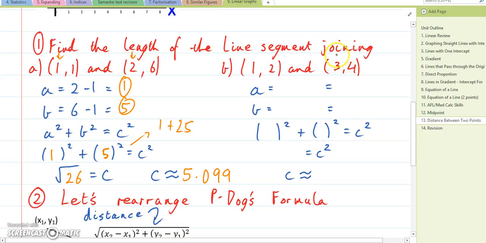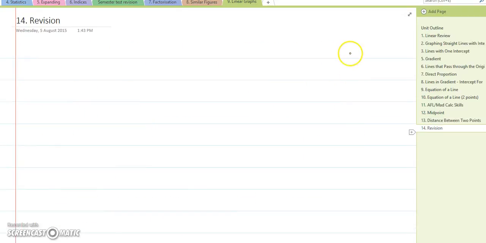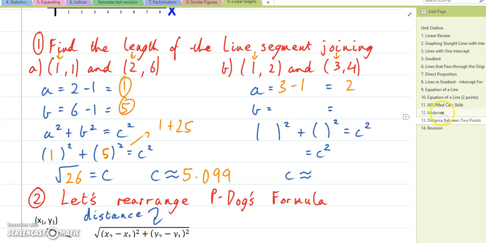So I'm getting my, usually my larger x term, so I'm going to do 3 minus 1, which is 2. And our b value is 4 minus 2, which is 2, using our y values, distance between one y value and the other y value.